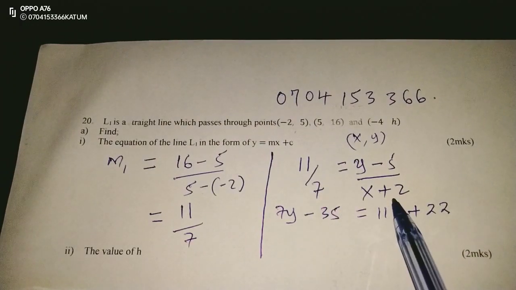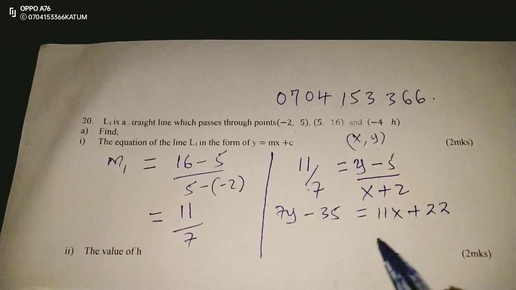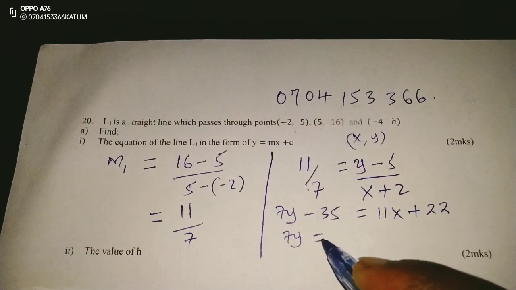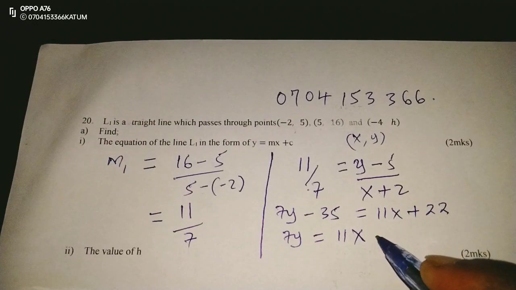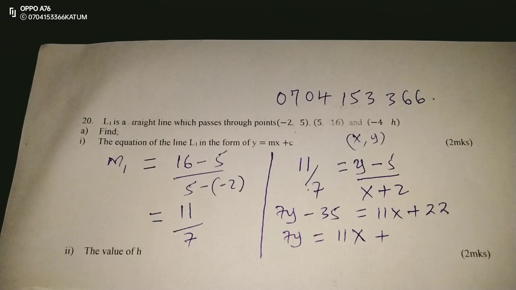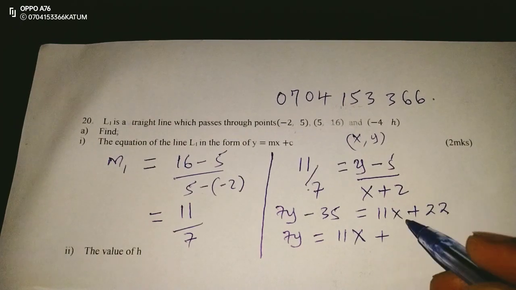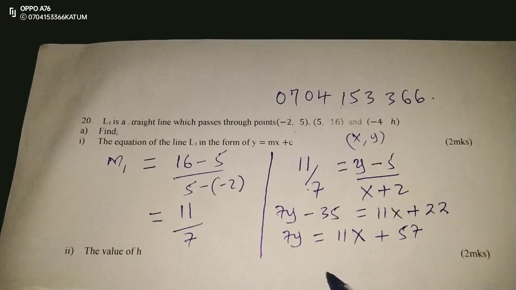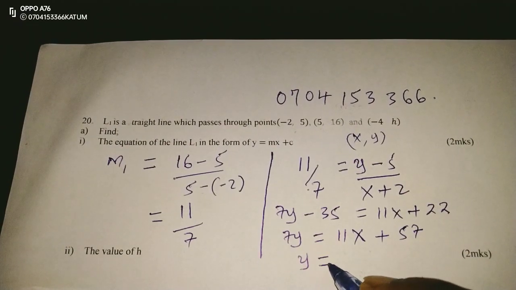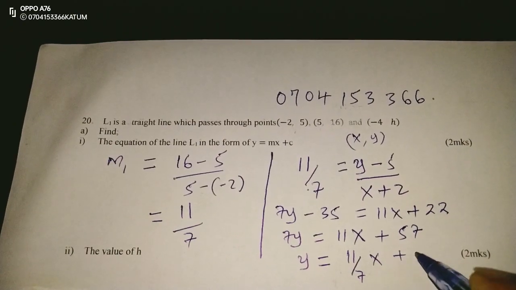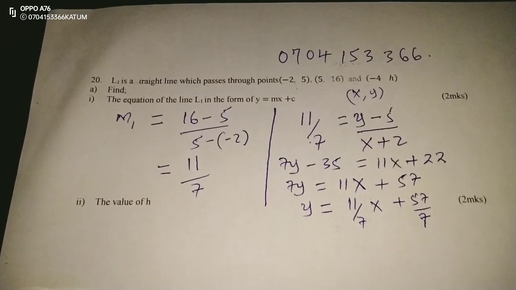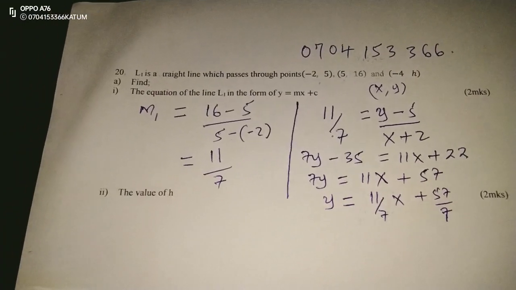When 11 multiplies everything here, and 7 multiplies everything here, 7y equals 11x plus 22 plus 35, which becomes 57. So to remain with y, we divide through by 7 and have y equals 11 out of 7 x plus 57 out of 7. So this is the equation in the desired format.